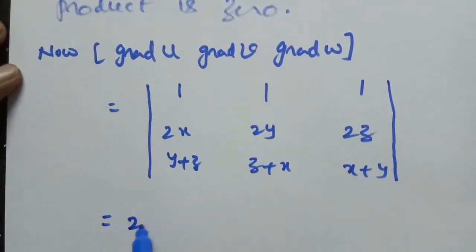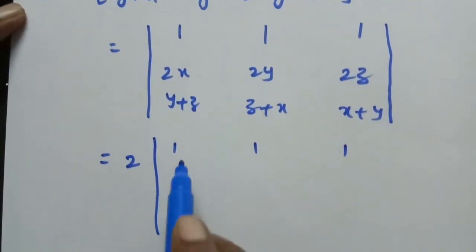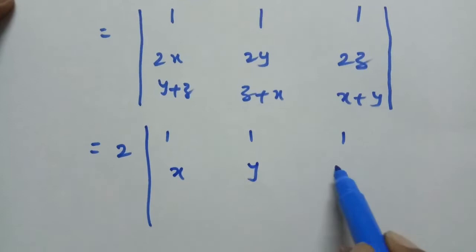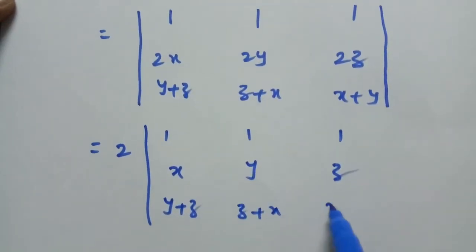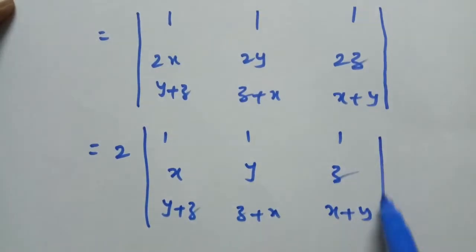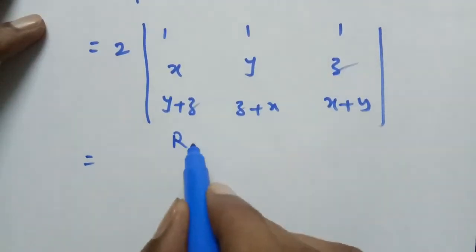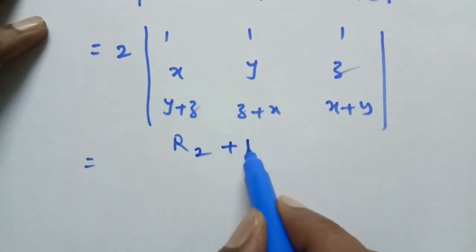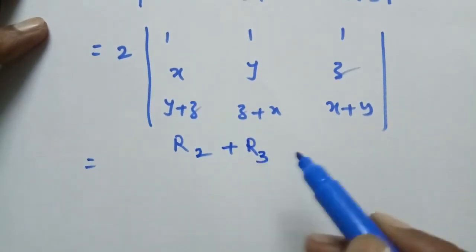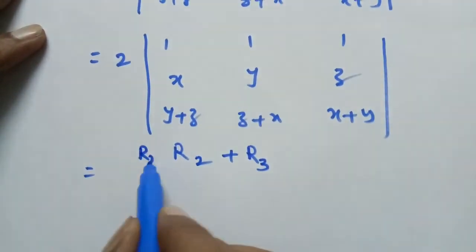Therefore, this can be written as, here in the second row, 2 is common. We are taking out 2, 1, 1, 1. x, y, z. y plus z, z plus x, x plus y. Therefore, we are again taking R2 plus R3 and writing in R2.